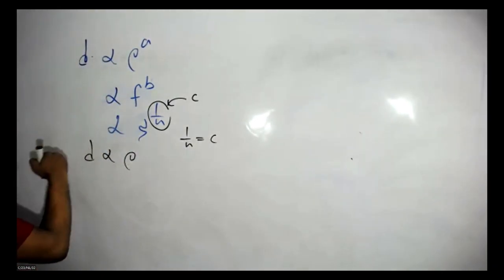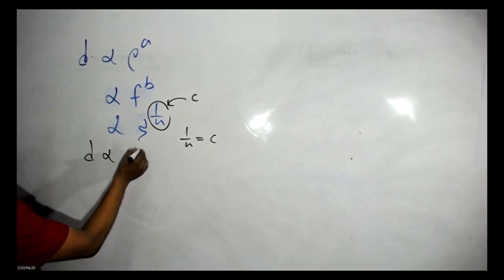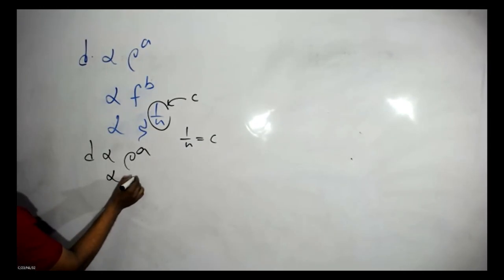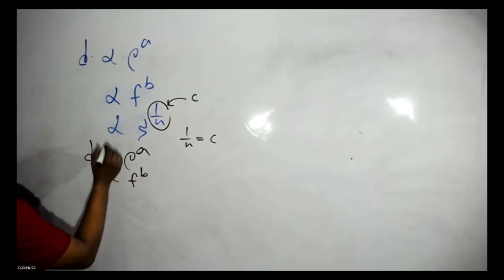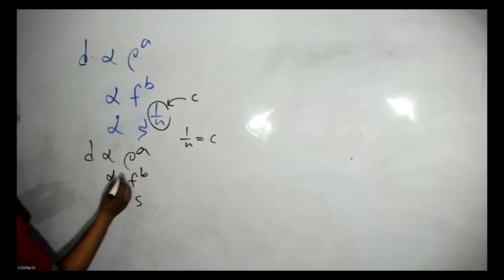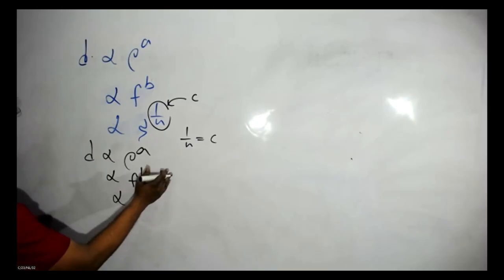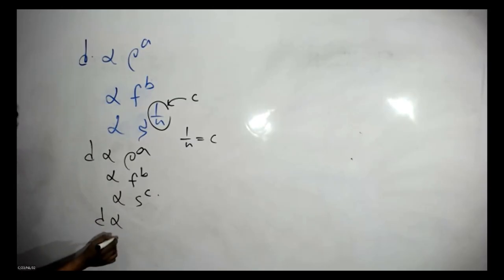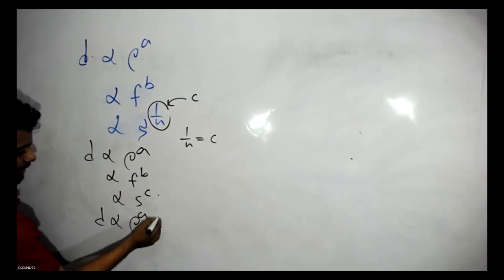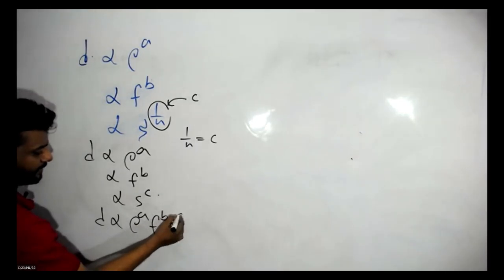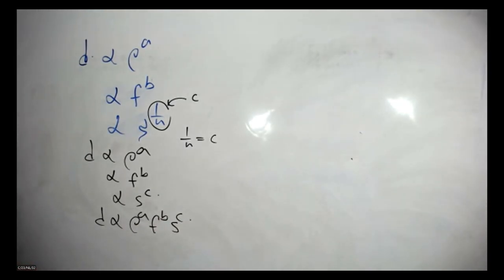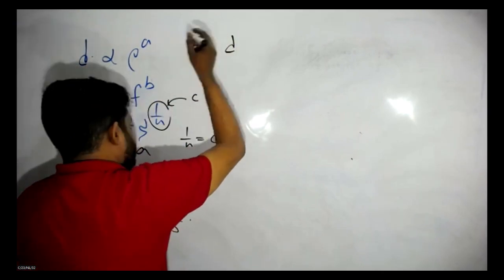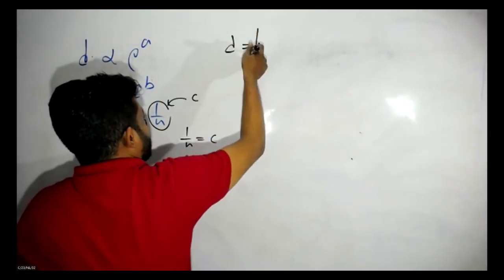Then d is directly proportional to rho to the power a, d is directly proportional to f to the power b, and d is directly proportional to intensity s to the power c. By considering all the facts, you can write d is directly proportional to rho to the power a, f to the power b, and s to the power c. Then you can equate the equation by applying proportionality constant k.